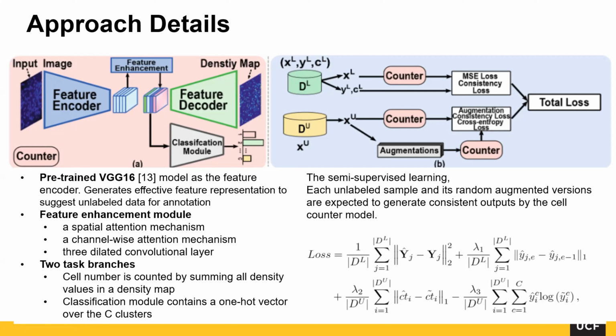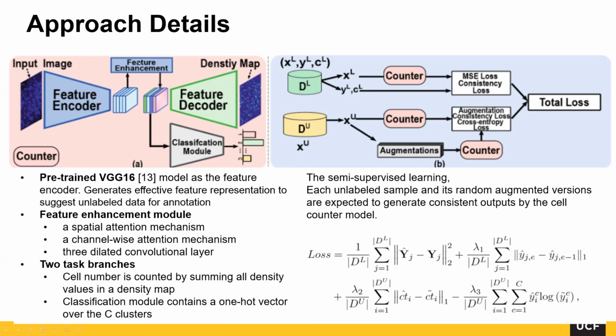It has a spatial attention mechanism, which pays attention to the important features spatially. And then they also have a channel-wise attention mechanism, which assigns different weights to the feature maps for their two tasks, because they have these two tasks which are part of the multitask learning. And then finally, they have convolution layers to extract features at different scales.